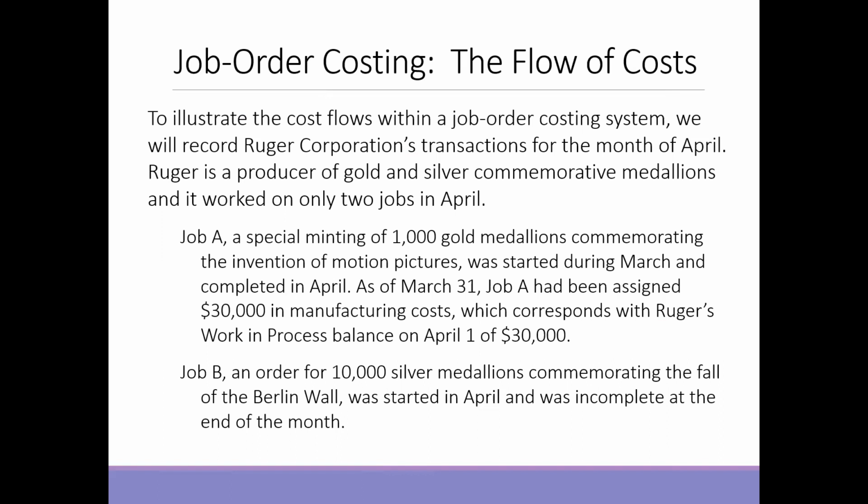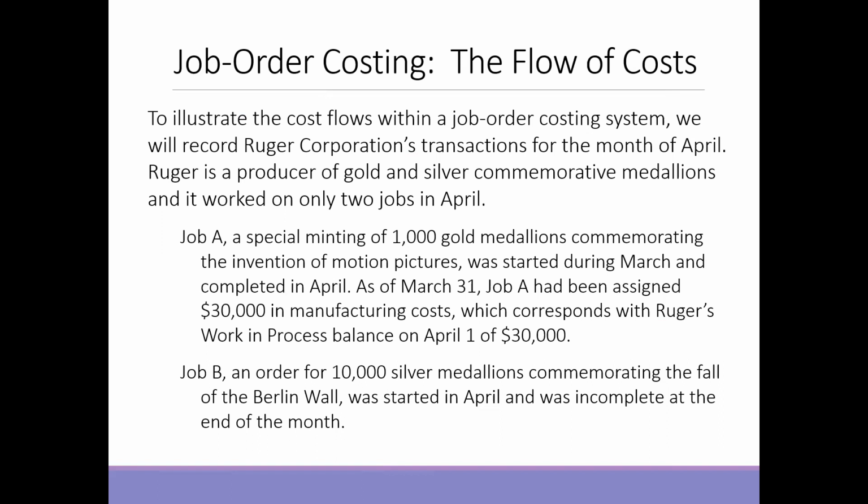As of March 31st, Job A, this particular job, has been assigned $30,000 in manufacturing costs, which correspond with Ruger's work in process balance on April 1st of $30,000. So it really only had one job at the end of March that's sitting in work in process.